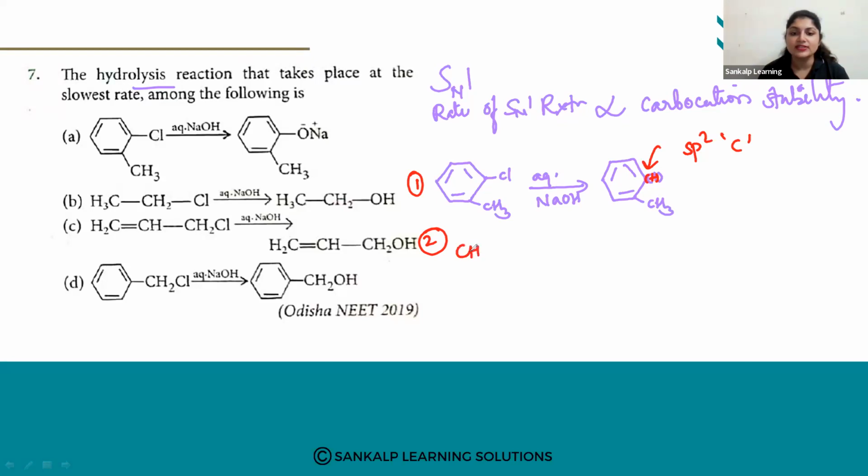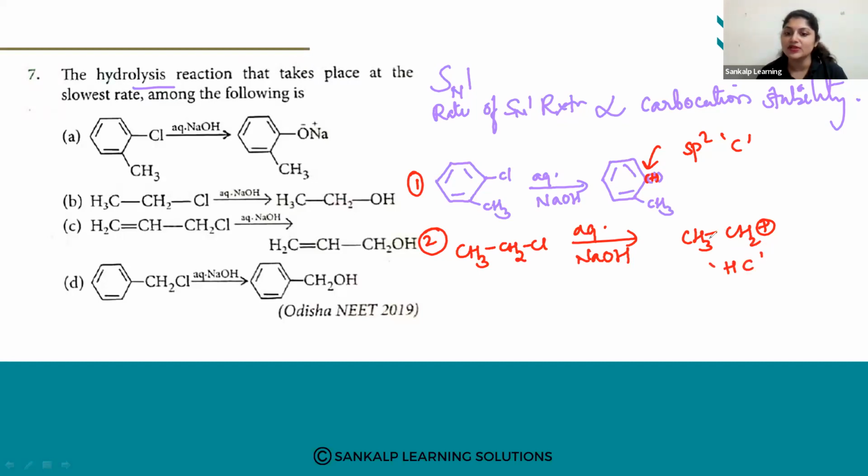That is CH3CH2Cl in the presence of aqueous NaOH. So this will be CH3CH2+, right? Here the reaction depends on hyperconjugation.